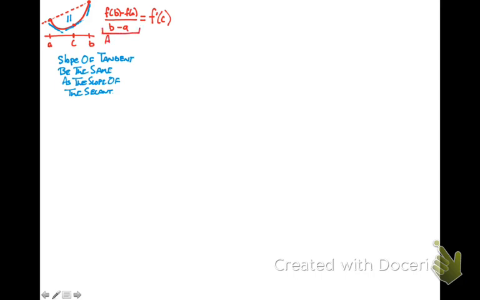It's also the average rate of change. The derivative is the instantaneous rate of change. And there's some point on this interval where they will be equal.